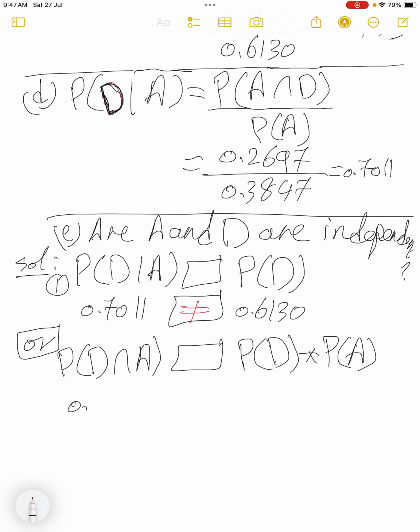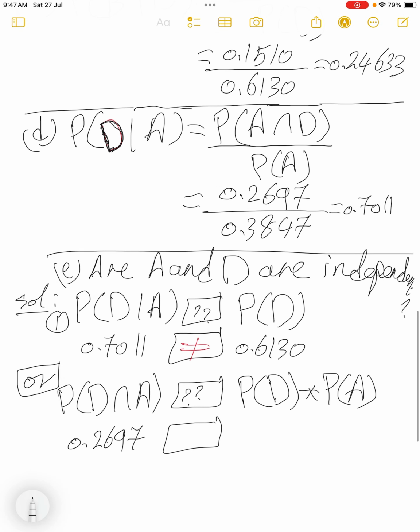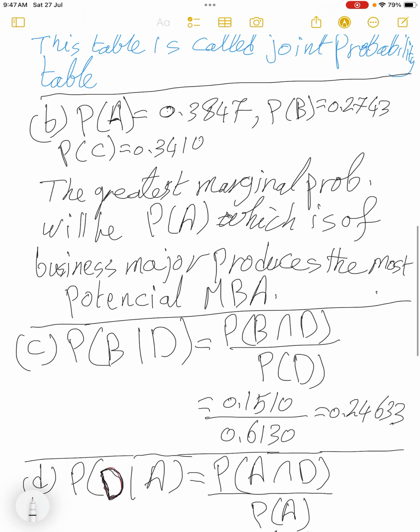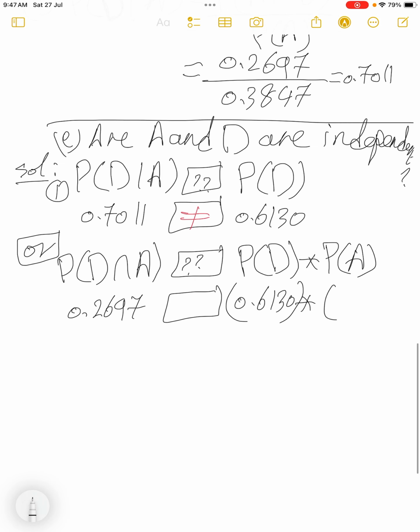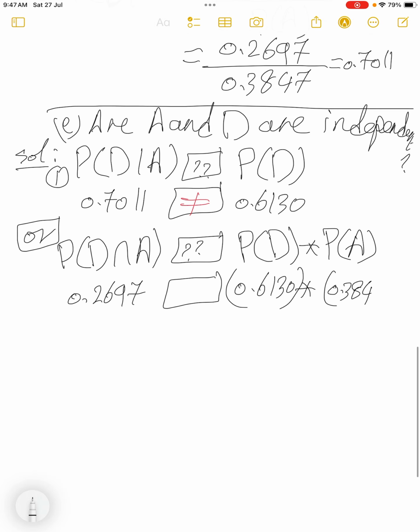The probability of D alone is 0.613, multiplied by the probability of A alone, 0.3847.